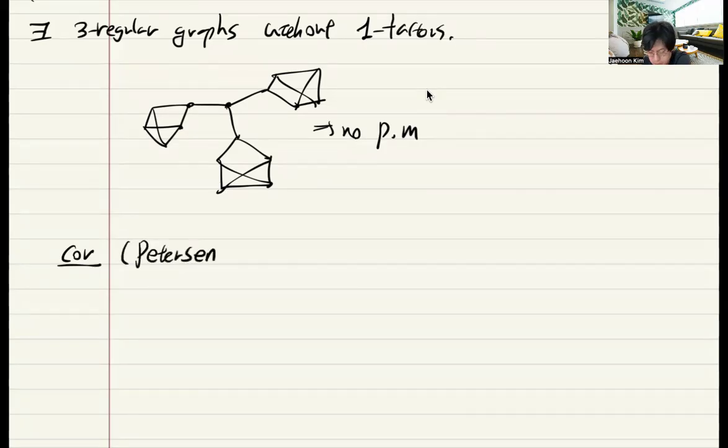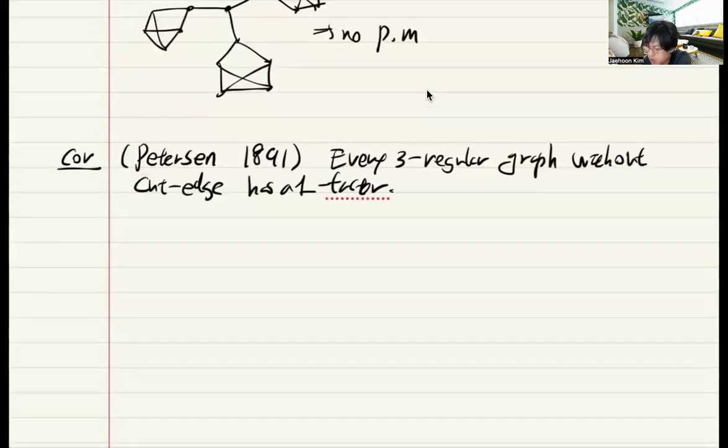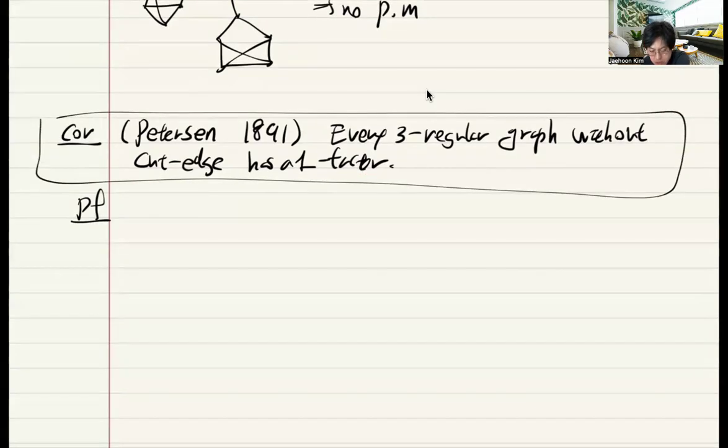It was actually proved by Petersen in 1891 that every 3 regular graph without a cut edge has a one factor. And it was proved without using Tutte's theorem, but using Tutte's one-factor theorem, one can easily deduce this.